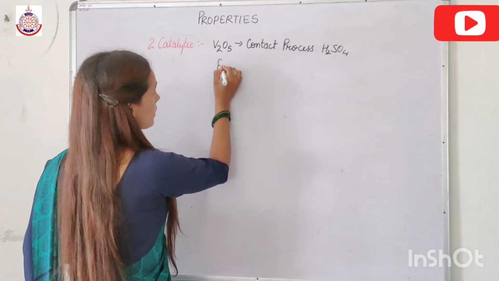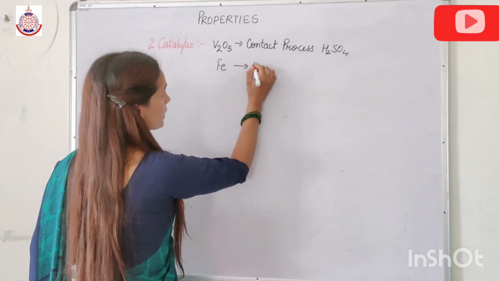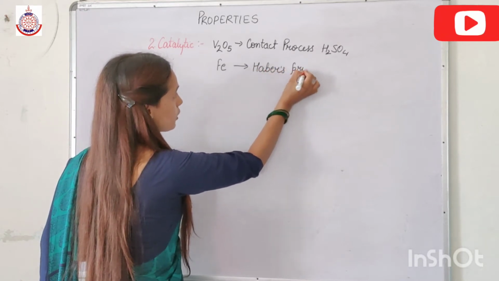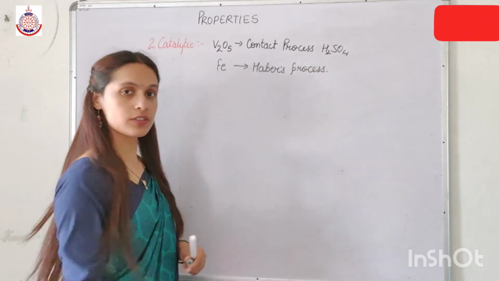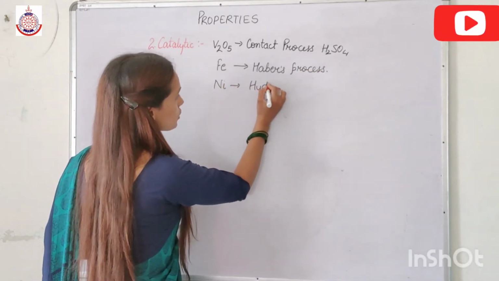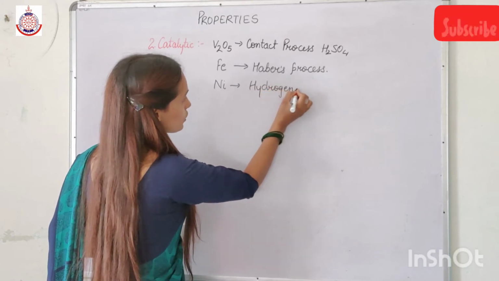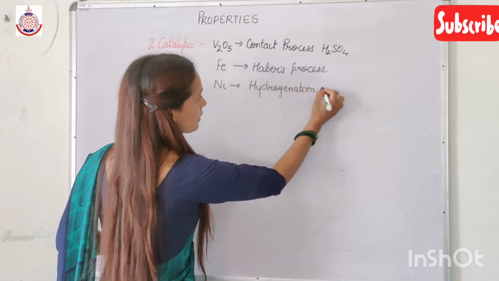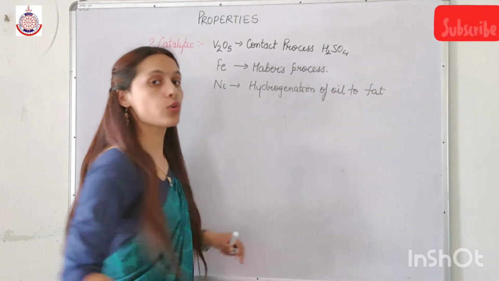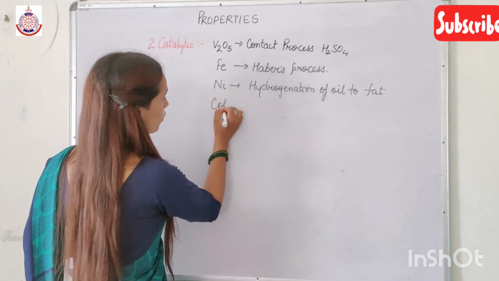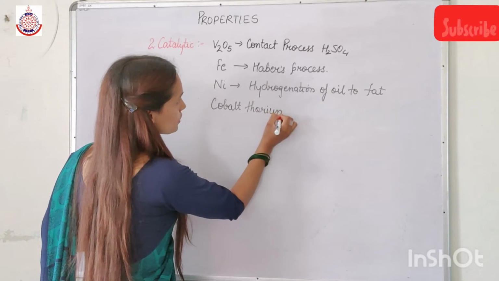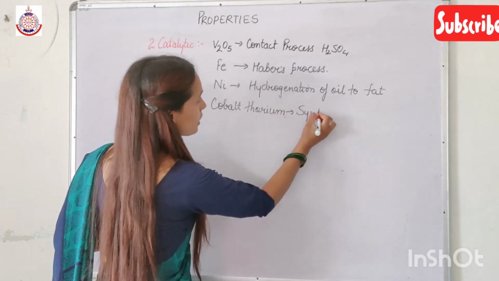or iron is used in the Haber's process, or nickel is used in the hydrogenation of oil to fat, or cobalt is used in the synthesis of petrol.